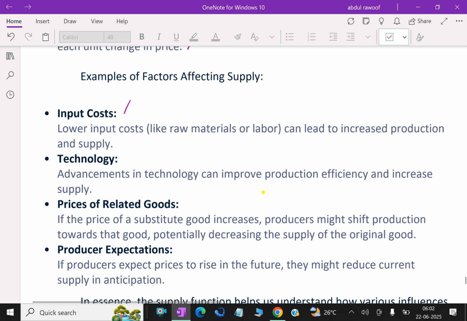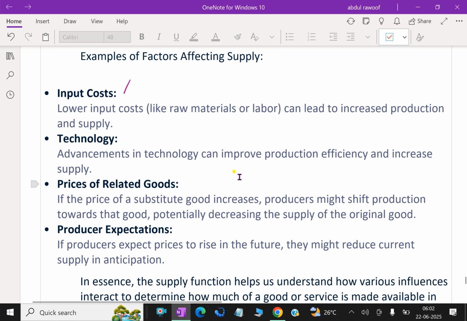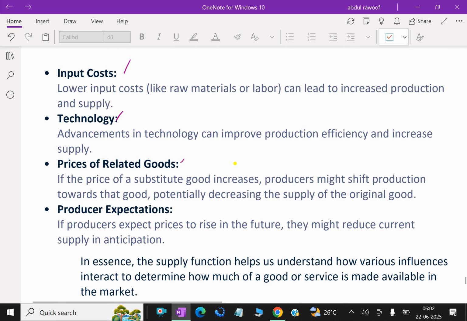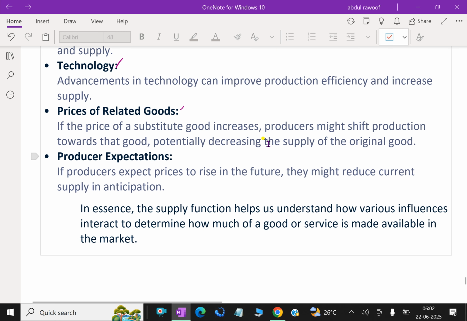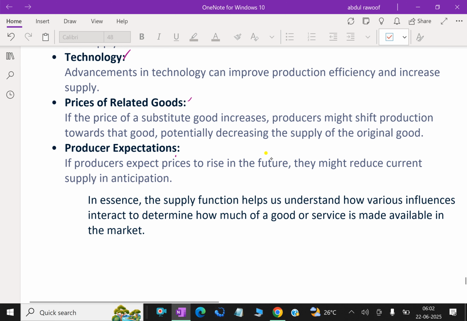Examples of factors affecting supply: input cost. Lower input cost, like raw materials or labor, can lead to increased production and supply. Technology: the advancement in technology can improve production efficiency and increase supply. Price of related goods: if the price of a substitute good increases, producers might shift production towards that good, potentially reducing the supply of the original good.